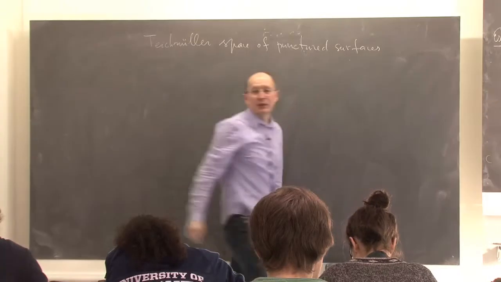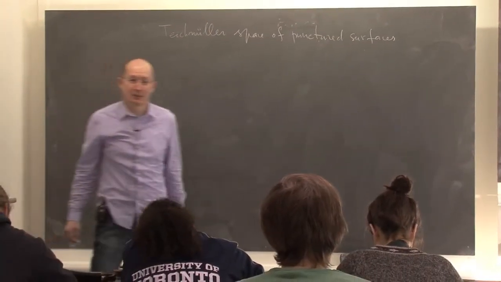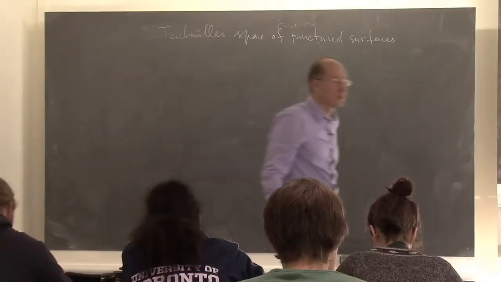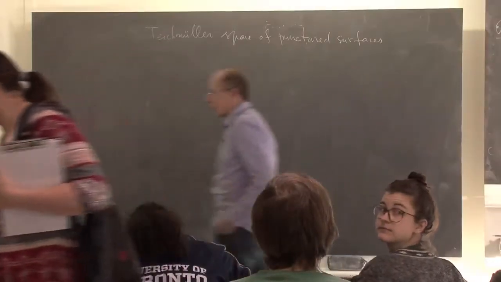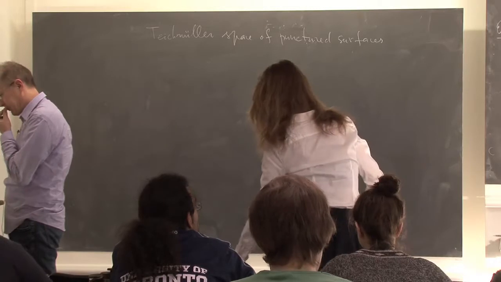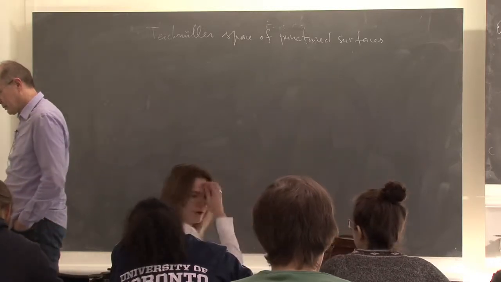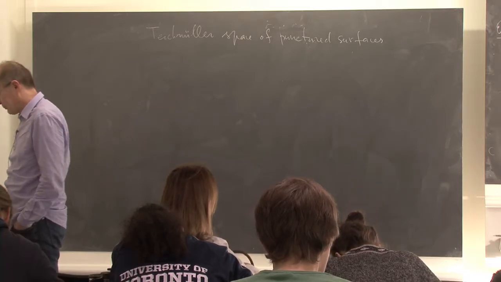Our motivation is to construct a basic algebraic system, the system which allows to construct representations of the mapping class groups. And we will end up with a basic algebraic system by considering the Teichmüller space.